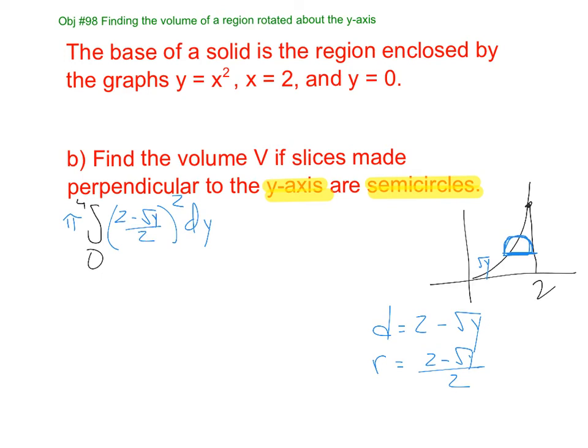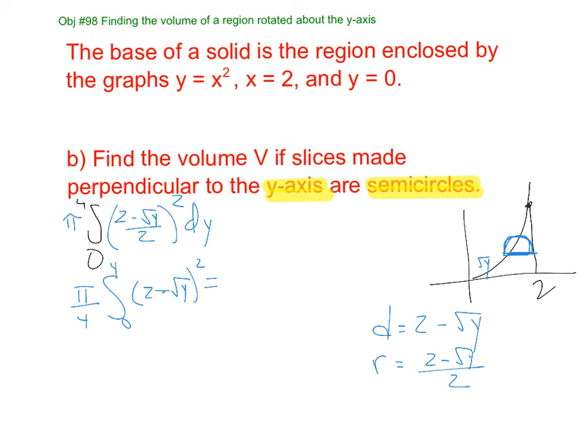So you can either integrate that, or you can make it pi over 4 times the integral from 0 to 4 of 2 minus root y squared. And we actually already did that piece. It was like 2.6 repeating, right? So we're just going to end up multiplying that by pi over 4.